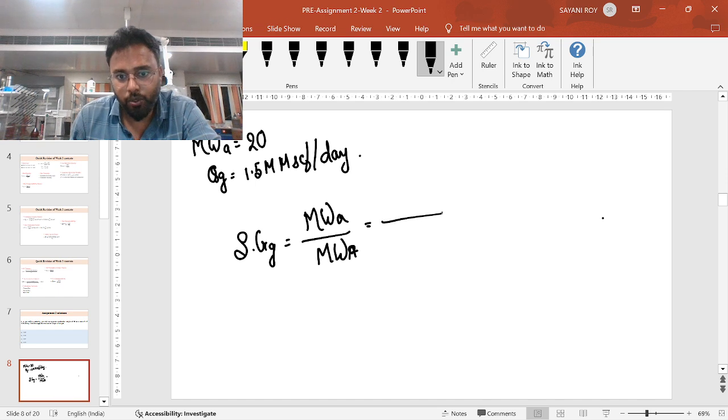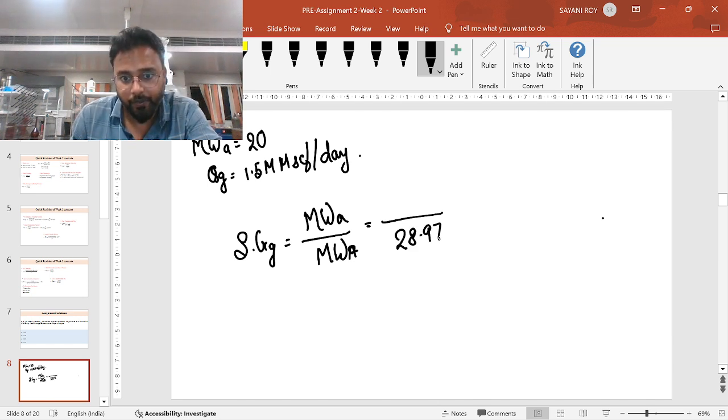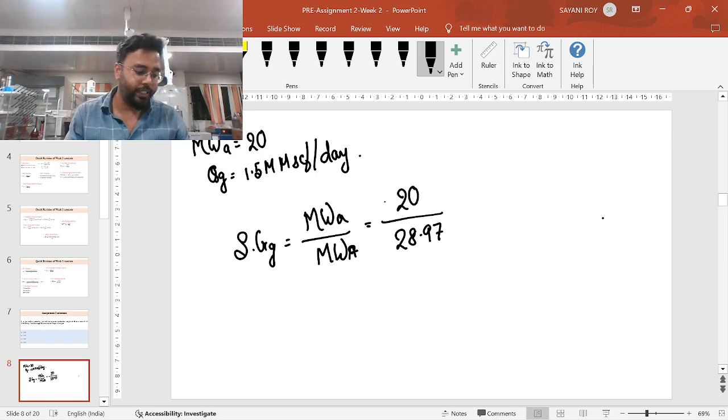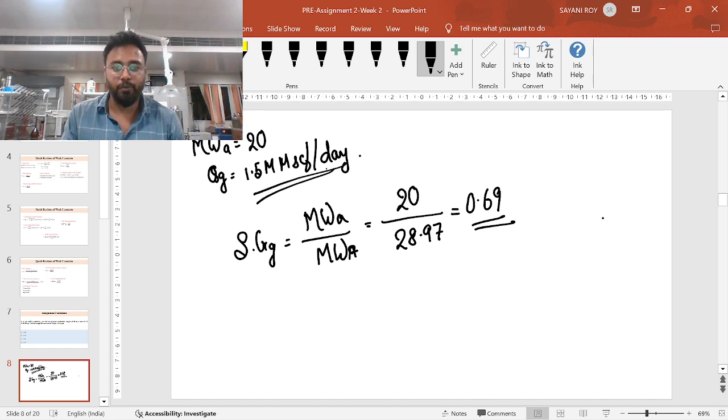I have already told you the molecular weight of air is 28.97, and the apparent molecular weight is given here already, that is 20. So if we solve this, the answer should come out as 0.69. The gas flow rate is just given here to create some confusion.